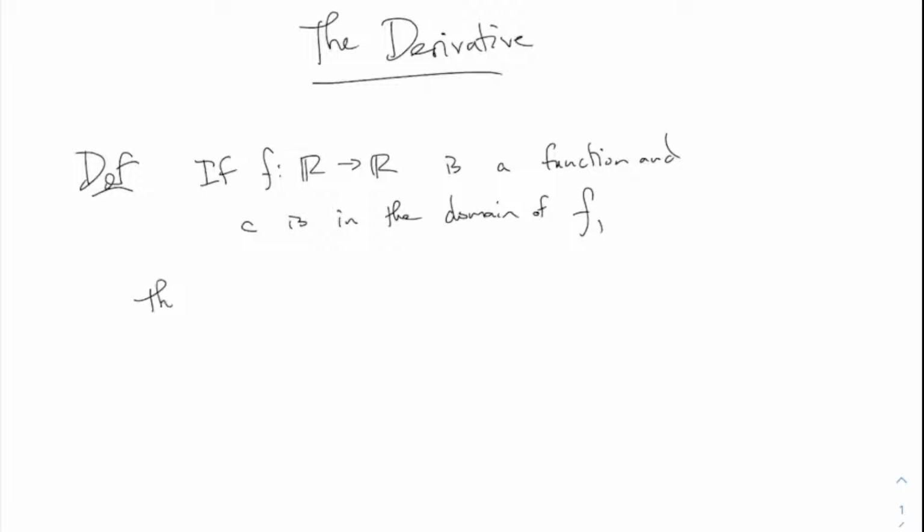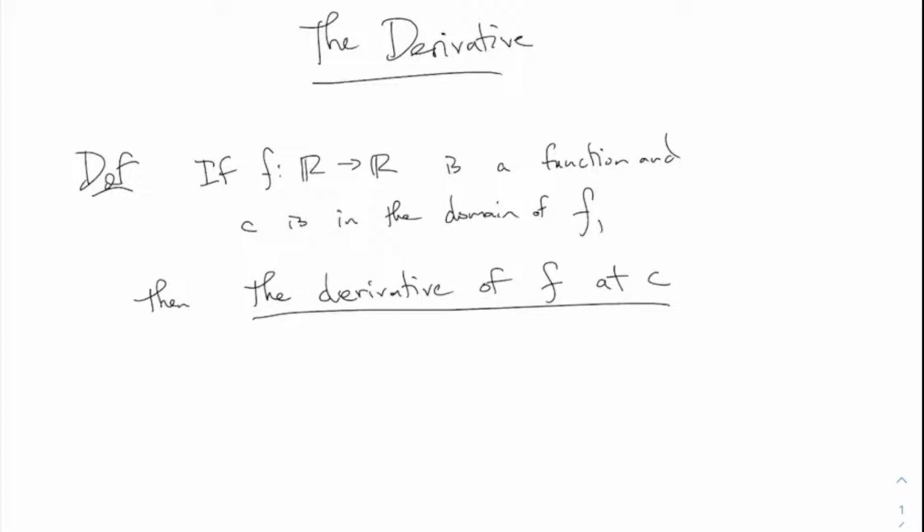Then what we're talking about is the derivative of f at c. The derivative of f at c is f prime of c equals, and now I'm just going to write the ordinary definition of the derivative from calculus.